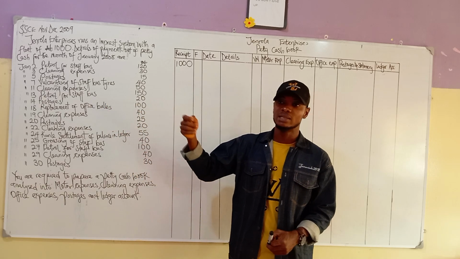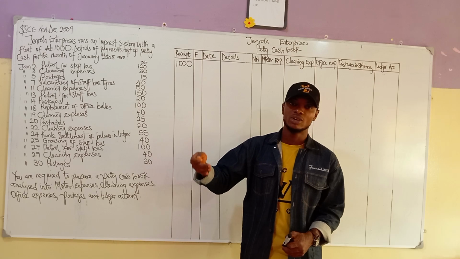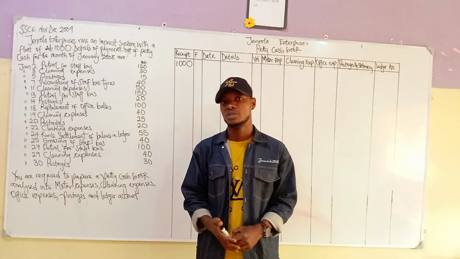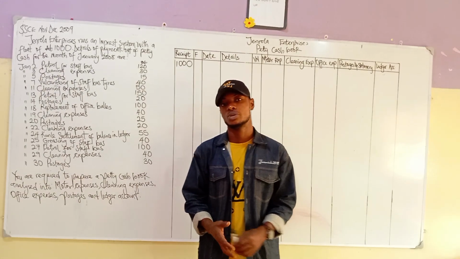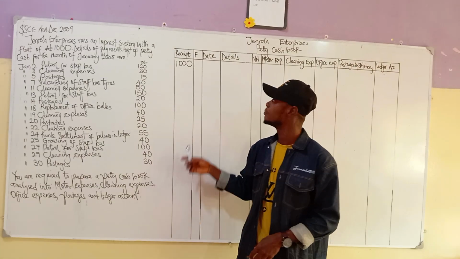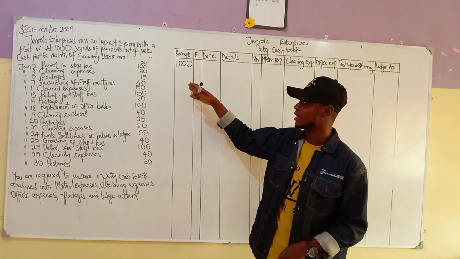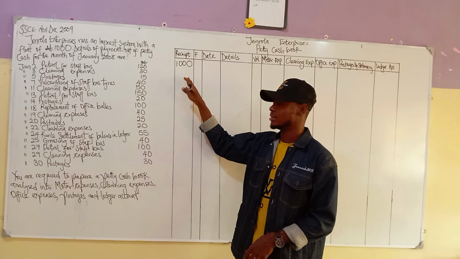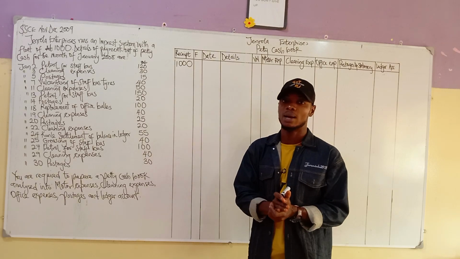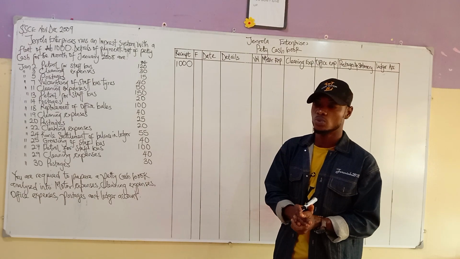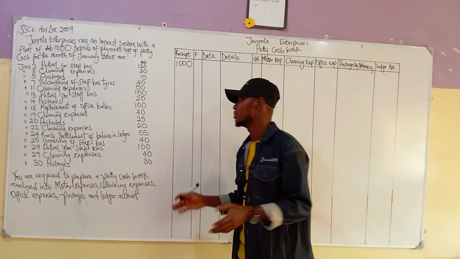A reimbursement means a top up, added money in order for them to be able to take care of the remaining expenses for the remaining days of the month. So if we have that, during the date, we'll also add it to this in order for us to know the total amount of float that was used within the given period of time, within the month.